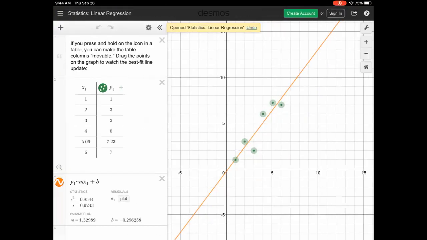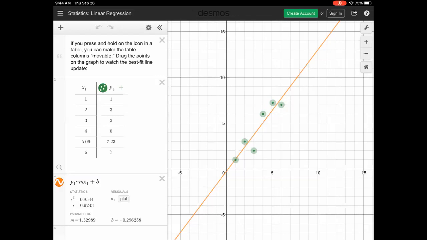It gives you some default values, so we're going to replace these x's and y's with our values, and it'll just update. Down here it gives us the r squared, which, remember, tells us how good a job the line will do at predicting new values. Then it gives you the slope and the intercept of the straight line, the line of best fit.